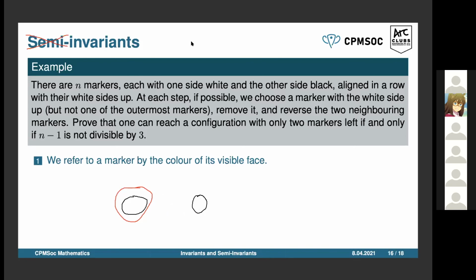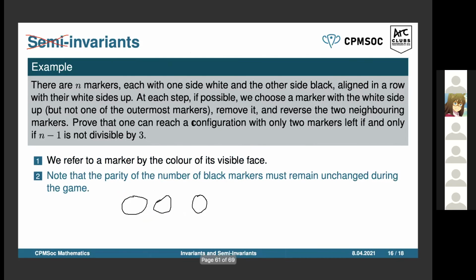So we'll end up with these white ones here. And you'll notice that we had 2 black markers before, and now we have 0. And in fact, the number of black markers always has to remain unchanged in terms of parity.